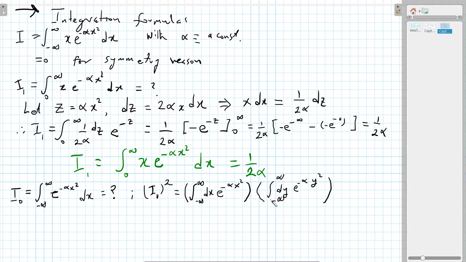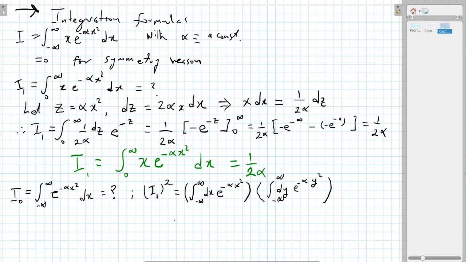So to avoid confusion, one can open the bracket to see that the integration becomes something like this.